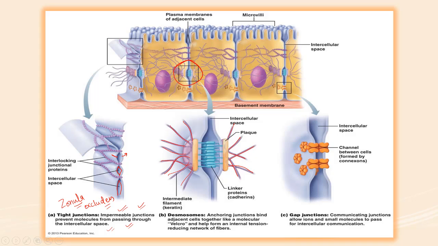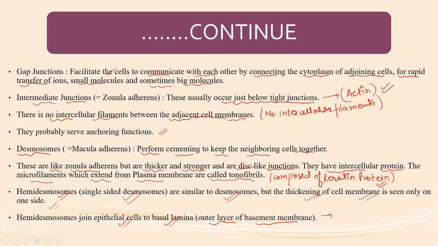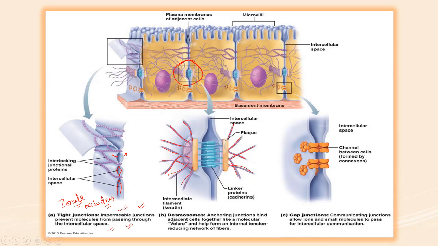Then they have a disc-like structure known as the plaque, and they have intercellular spaces as well. Desmosomes, tonofibrils composed of keratin protein, are also known as macula adherens, with linker proteins, cadherins.